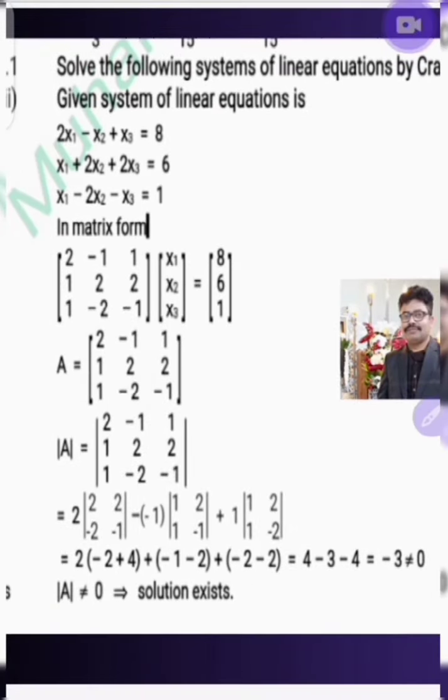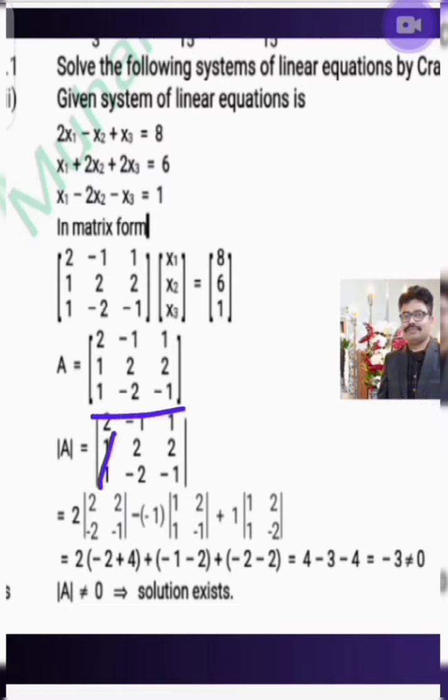Now, I am going to find the determinant. If we take the element 2, then we cross out the row and the column of that element. The remaining elements will be in a 2 cross 2 determinant.